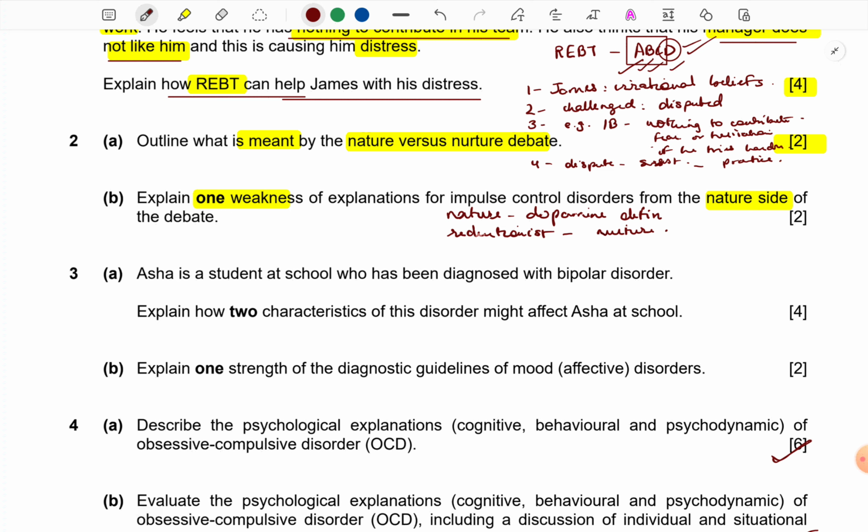So it's important to complete the point and suggest that a nurture explanation, for example, Miller's feeling state explanation, can also either add to the nature explanation or by itself be a better explanation of impulse control issues, at least for some people. So that is not to be ignored. That is how you have to explain the point. Explain, not just state. Just keep that in mind. Look at the command terms and practice to answer as per the command terms.